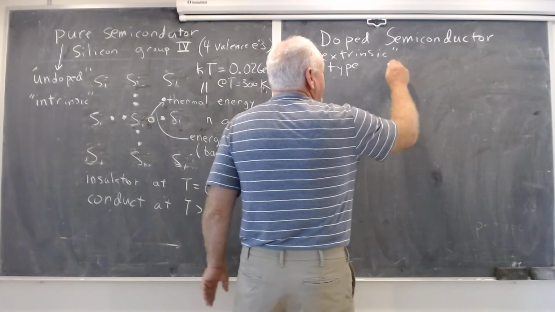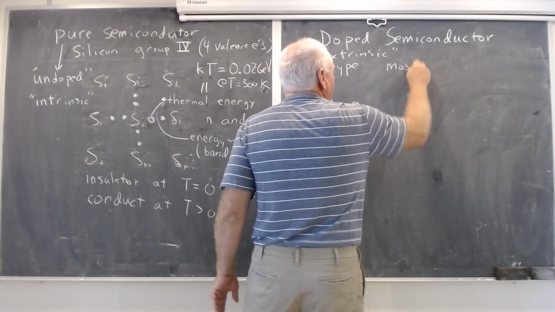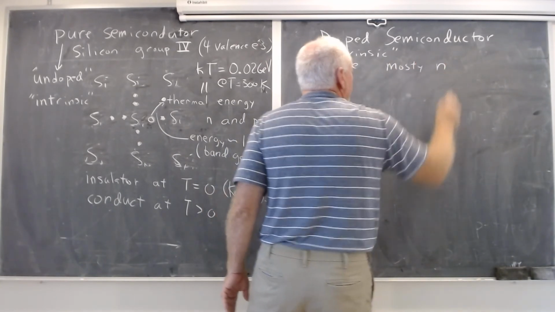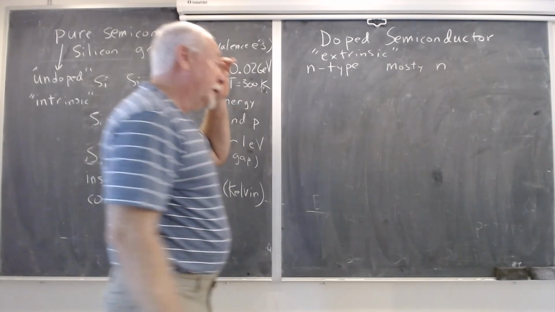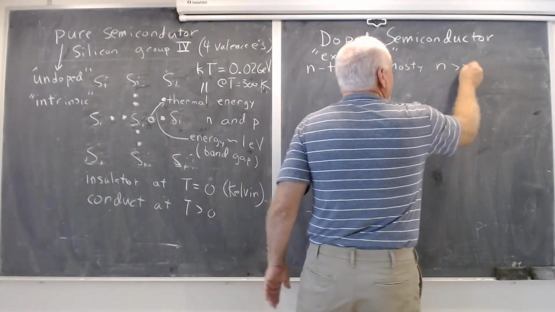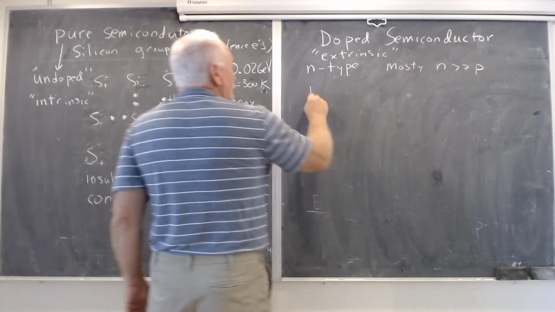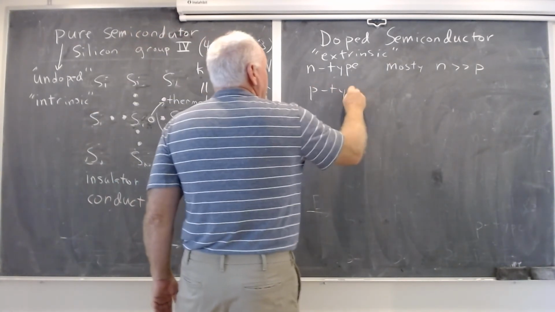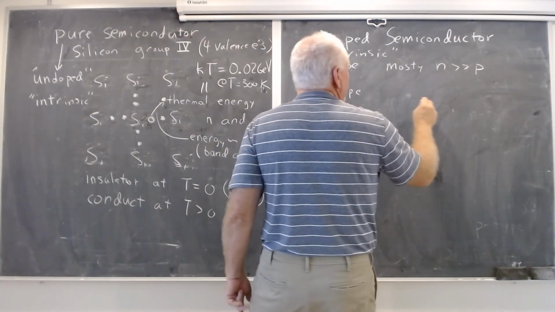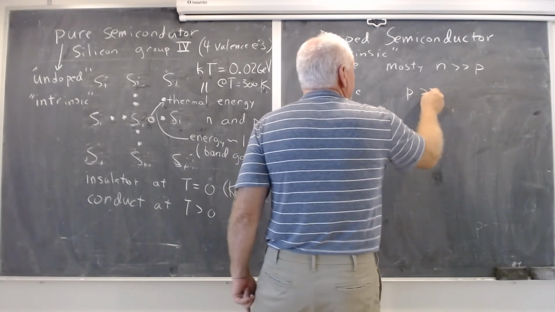So of course if it's n-type, it's mostly n. That is, n is much bigger than p. If it's p-type, p is much bigger than n.